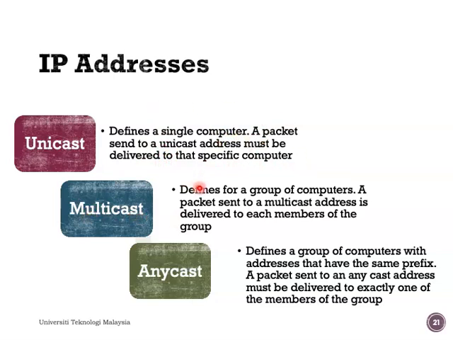Multicast defines a group of computers, and a packet sent to a multicast address is delivered to each member of the group, which is one-to-many. Anycast defines a group of computers with addresses that have the same prefix. A packet sent to an anycast address must be delivered to exactly one of the members of the group. It can be delivered to any one of the members, not all like multicast. Anycast is unique to IPv6.